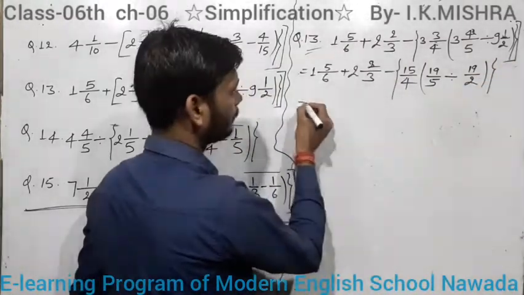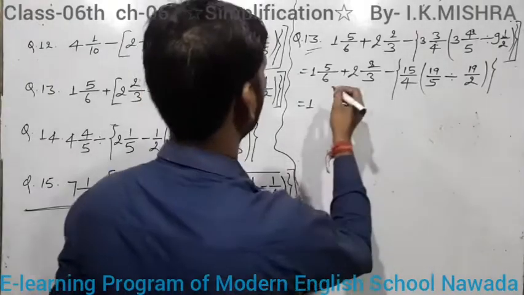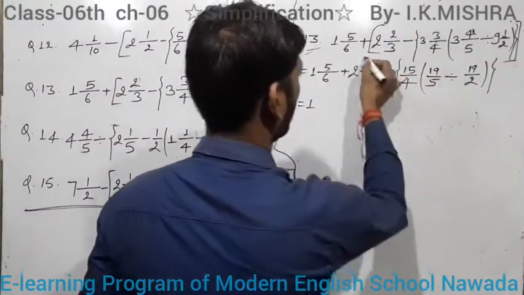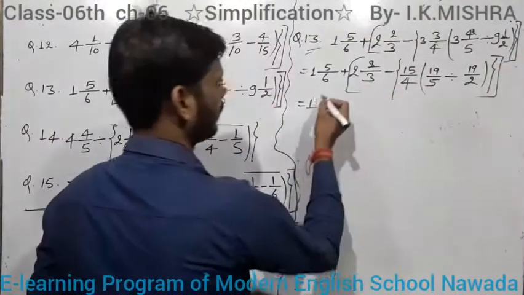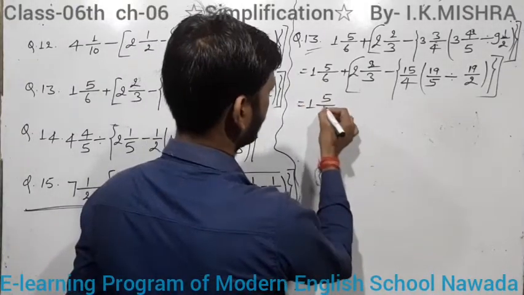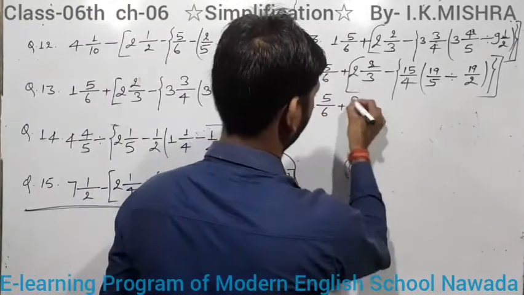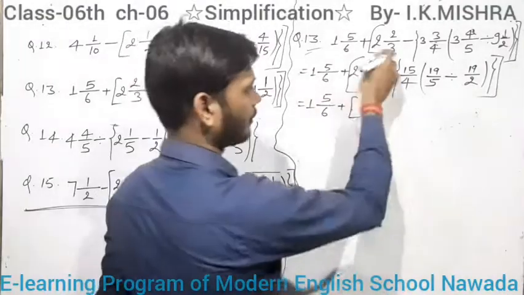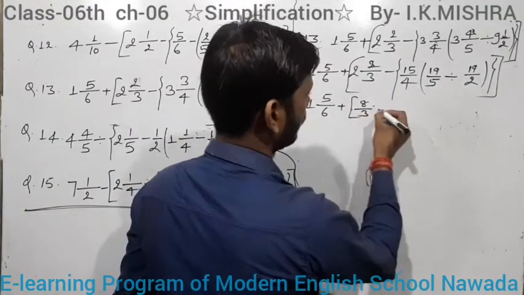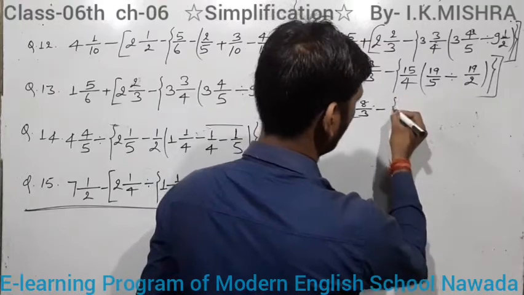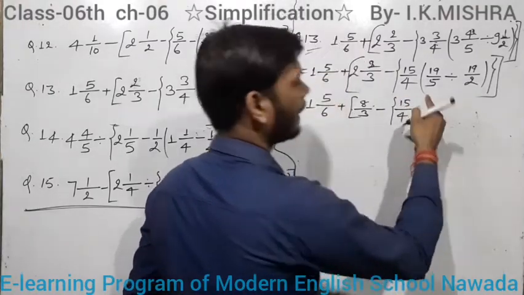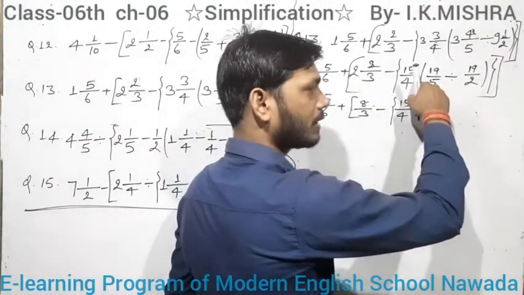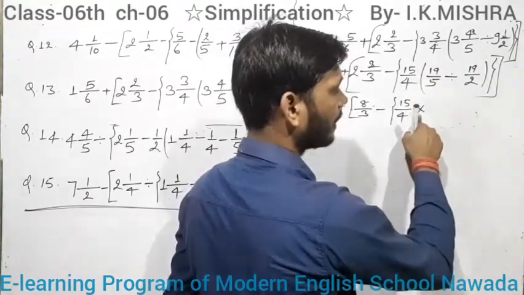Students, after that, 1 whole 5 by 6 plus 2 whole 2 by 3, and you can change it as 8 by 3, minus 15 by 4, and here multiplication, as I told previously, the multiplication sign is hidden, so I give multiplication.